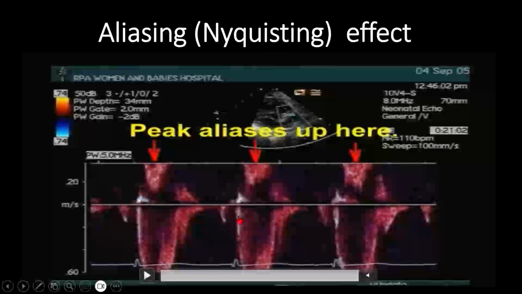It means the maximum velocity we are measuring is more than what this range can measure, so it starts perceiving that it is coming from the opposite side. That is aliasing. The maximum range pulse wave Doppler can measure is 1.8 or 2 meters per second. If your peak velocity is more than that, you have to shift over to continuous wave Doppler.